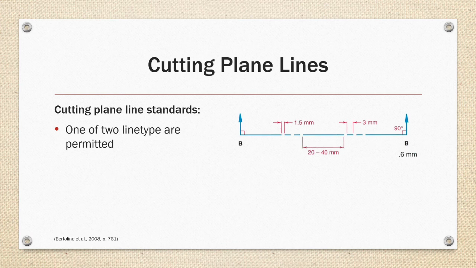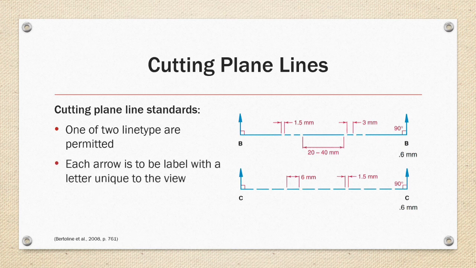The first line type is similar to a phantom line, with the continuous solid line interrupted at 20 to 40 millimeter intervals by a pair of dashes, 3 millimeters long, and gaps of 1.5 millimeters, as shown on the right. The second line type is a series of dashes, 6 millimeters long, with 1.5 millimeter gaps. I typically choose to use the second approved line type so that the cutting plane lines are not confused with phantom lines.